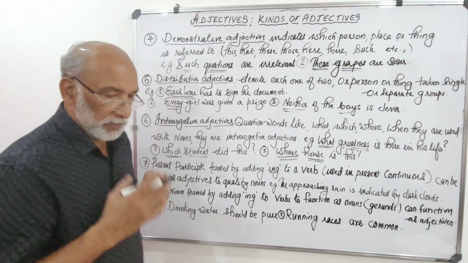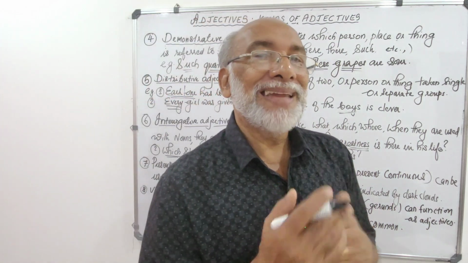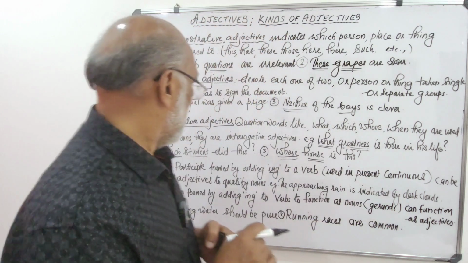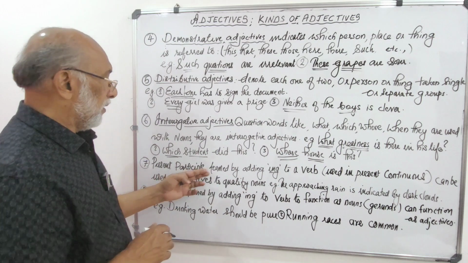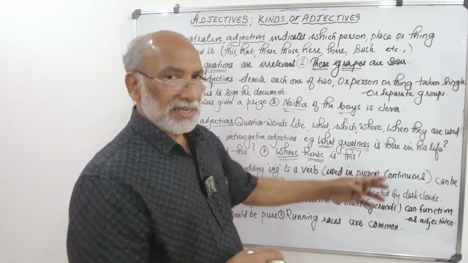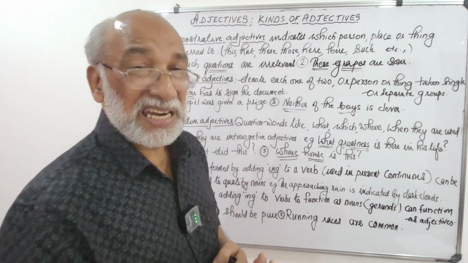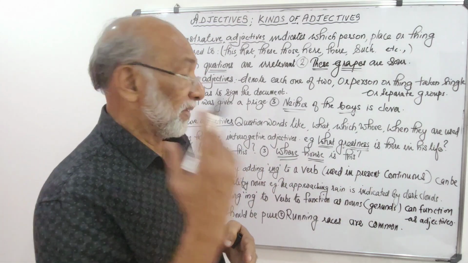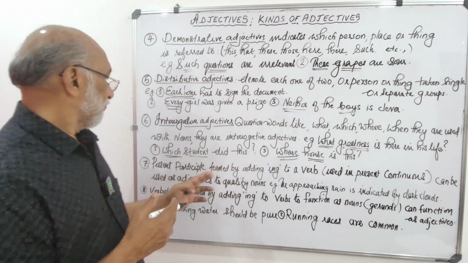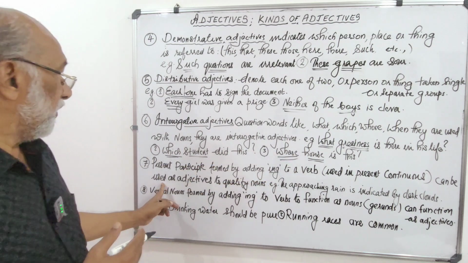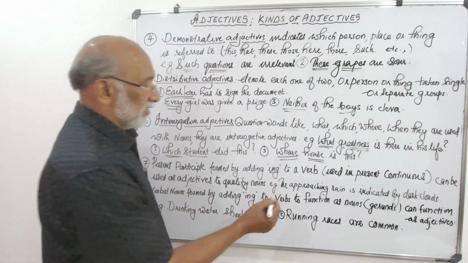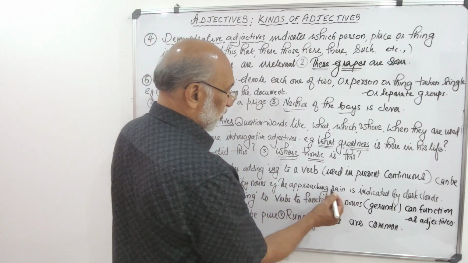Then coming to the seventh kind of adjectives, present participle. You know, a present participle is formed by adding ing to the base form of the verb. Present participle, formed by adding ing to a verb, is usually used in the present continuous tense. And such present participles can be used as adjectives to qualify nouns. See the example, it will be very clear. The approaching rain.